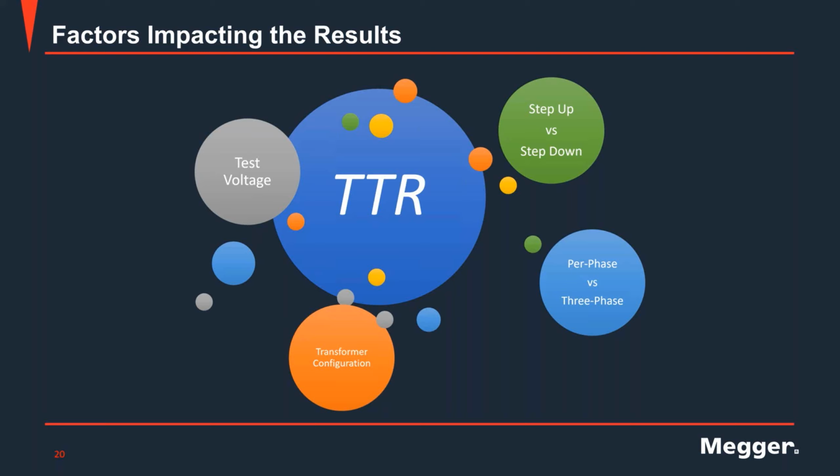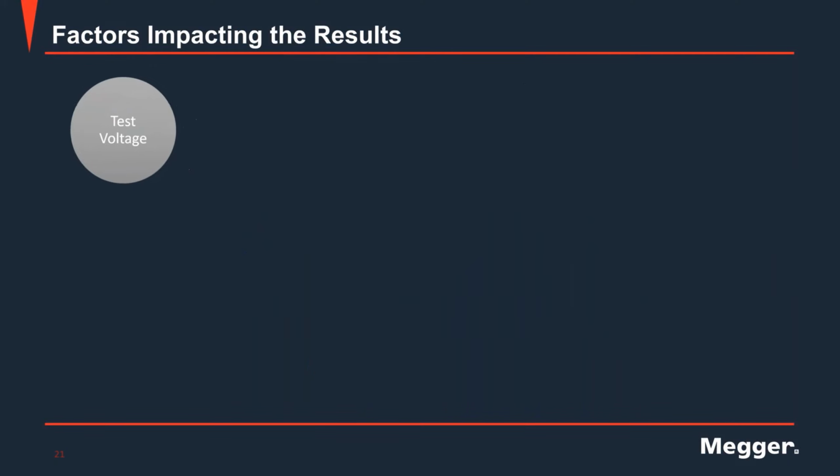Either I'm energizing one phase at a time when testing a three-phase transformer, or I'm energizing the three phases simultaneously. And finally, the transformer configuration. We briefly talked about that, the configuration of the windings, or how many sets of windings I have. That's also an important factor to consider. So let's look at the first one, test voltage.